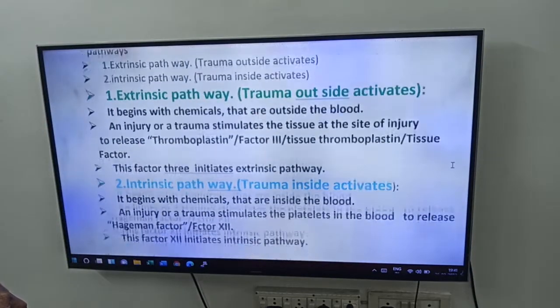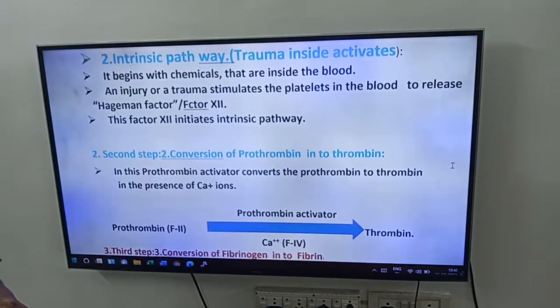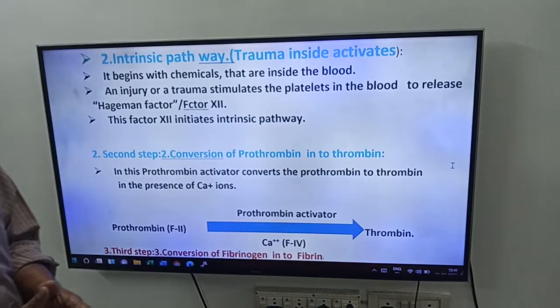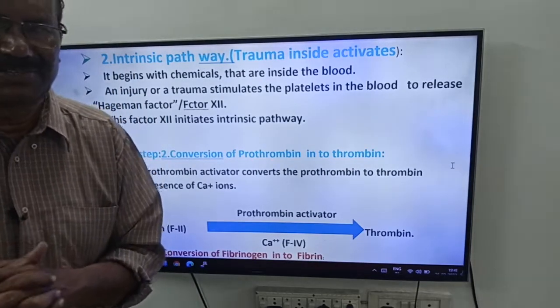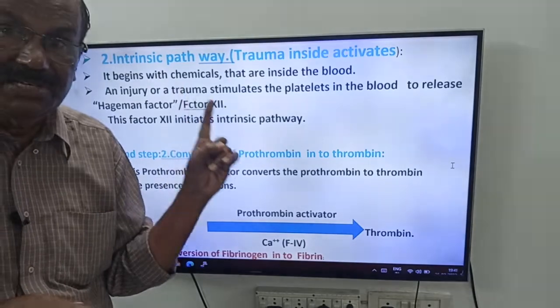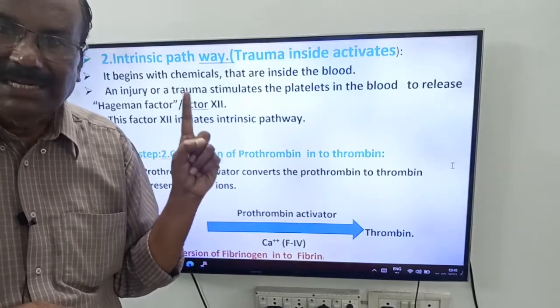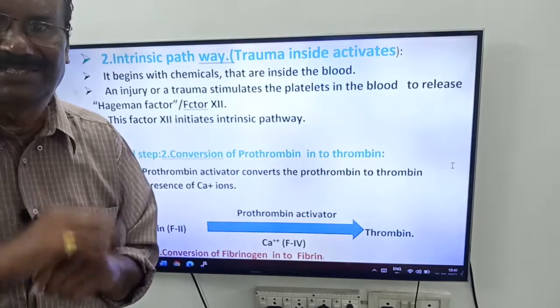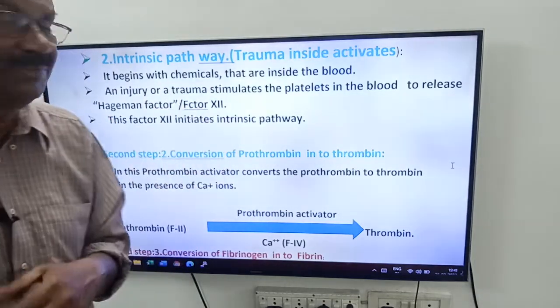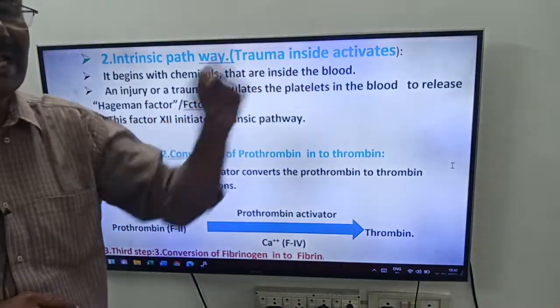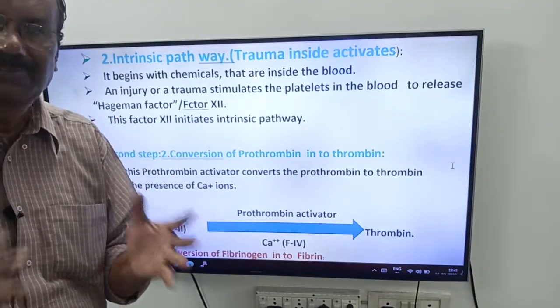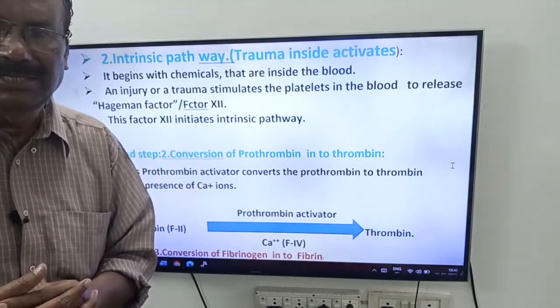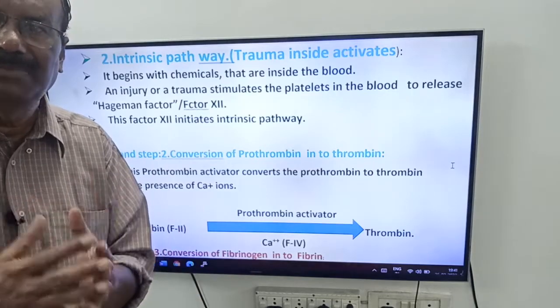Now come to the intrinsic pathway, friends. Trauma inside activates. In the extrinsic pathway, factor 3 is released by the injured tissue, not from the blood. But in the intrinsic pathway, trauma inside activates. If we get a deep injury, the blood vessels and blood may rupture.